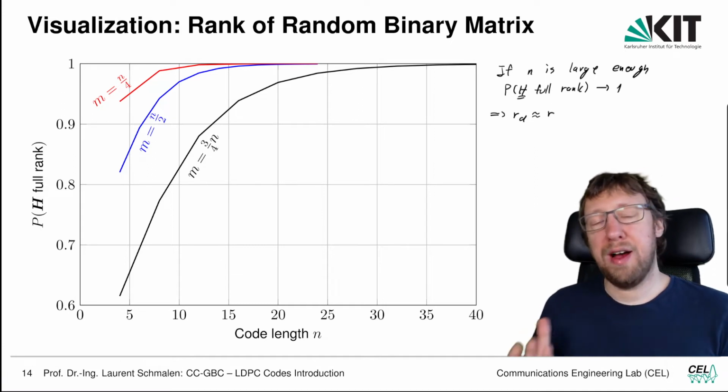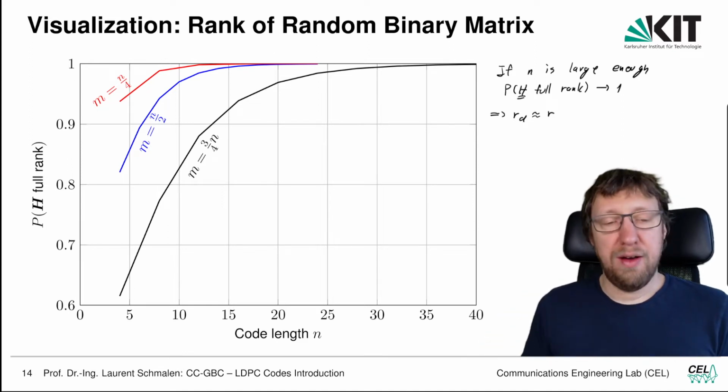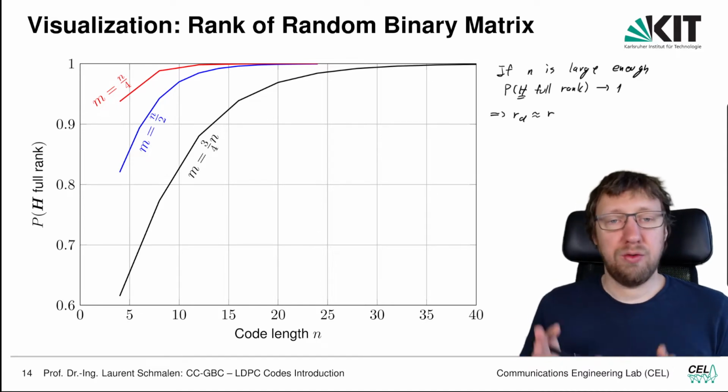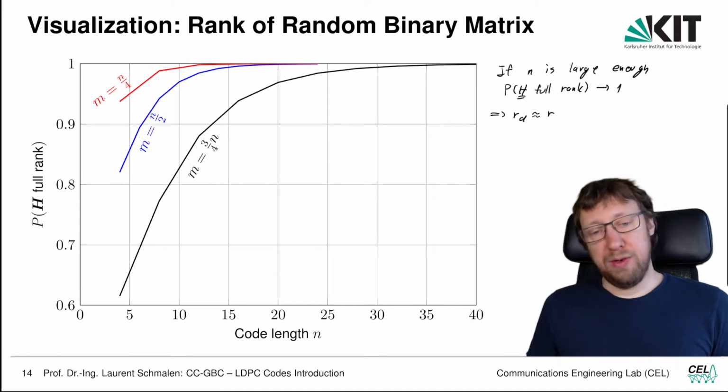So it suffices to calculate with the easier design rate; with a very high probability you have a code that has the same rate. Of course, if you want to go into production with this code, you will need to double check if this is really the case.